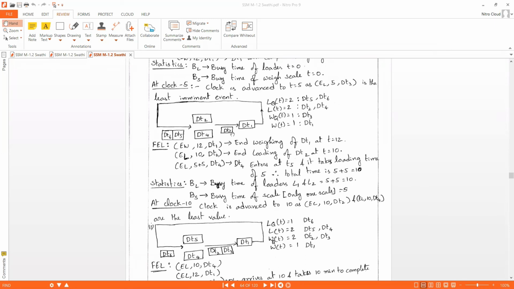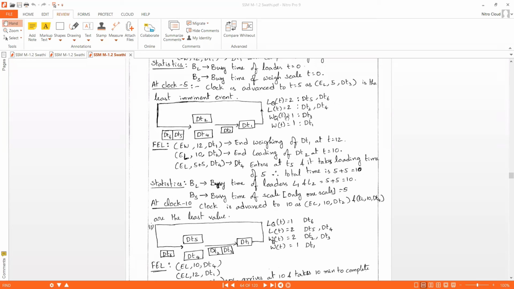These values will update in the statistics. LQ of t will have two trucks, DT6 and DT5. Next, L of t is nothing but the loader. At the loader we have two trucks, DT2 and DT4, so we update that here.